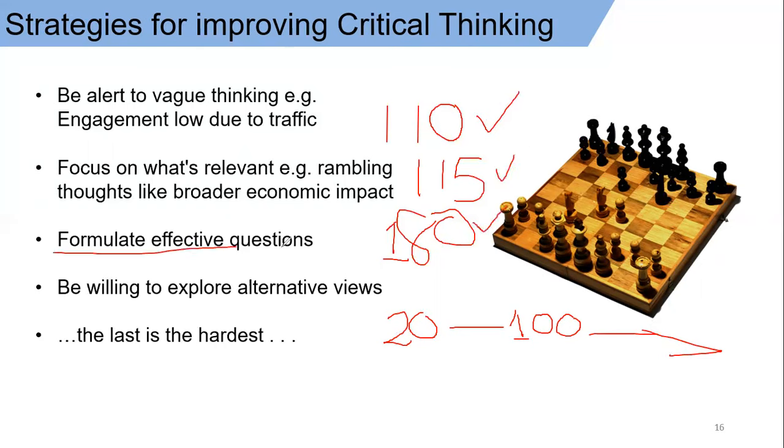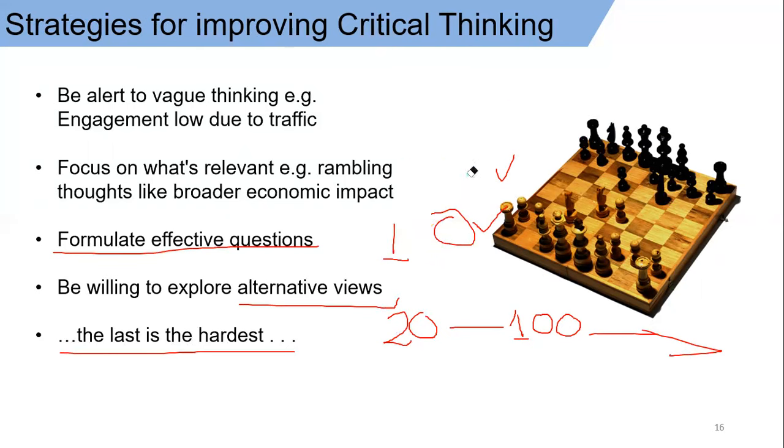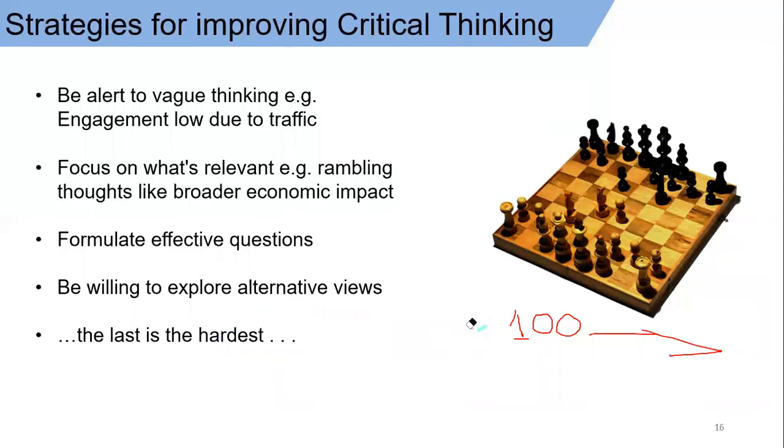So that's what we're saying here, being able to formulate effective questions, explore alternative views of different people, and this is really hard, right? When people give you different viewpoints, it can be very hard to accept those viewpoints, and this is something also that is an important part of design thinking, as well as the critical thinking process. For an analyst, I'd say it's really critical, folks, right?